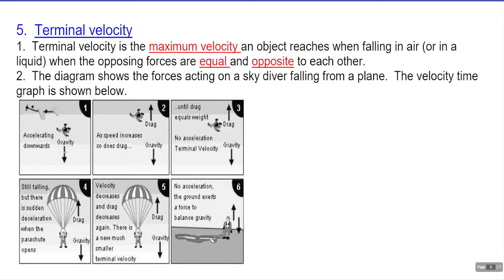Now I'm going to look at the case of a parachutist, which is a skydiver falling from a plane. Right.